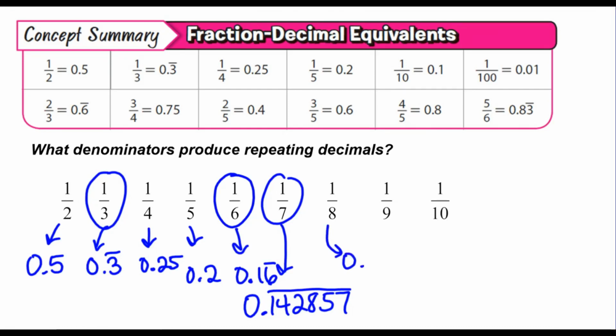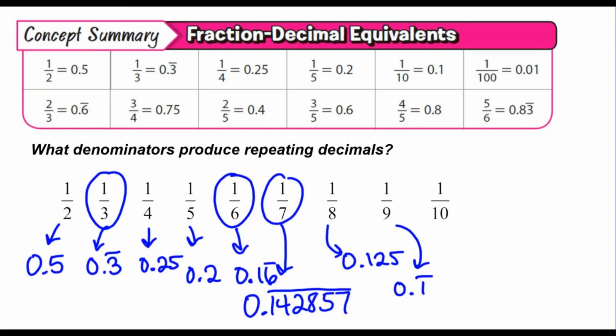1/8 is 0.125. That's terminating, so all of the 8ths will terminate. 1/9 is 0.1 repeating. So all of the ninths will repeat, 1/9, 2/9, 3/9, and so on. What's easy about the ninths is whatever's in the numerator, that's what digit is going to repeat.